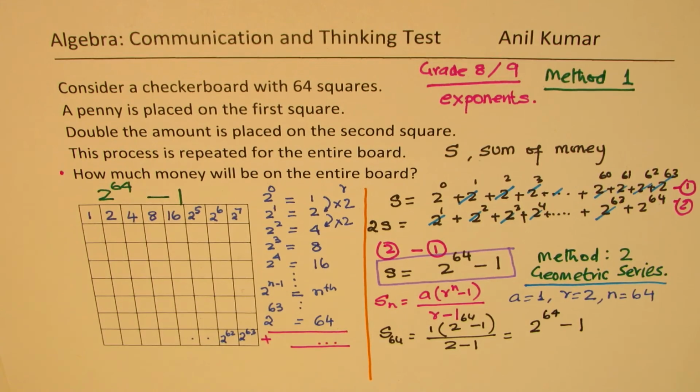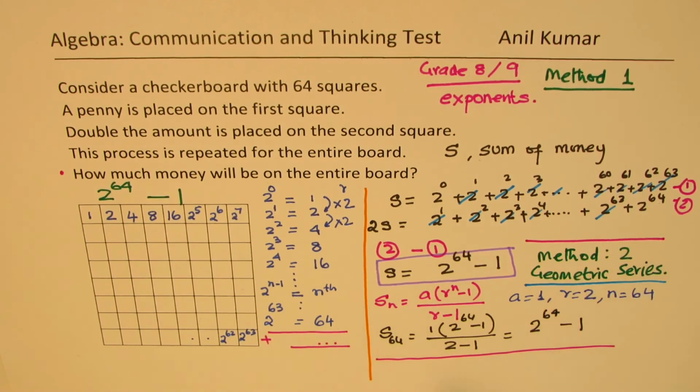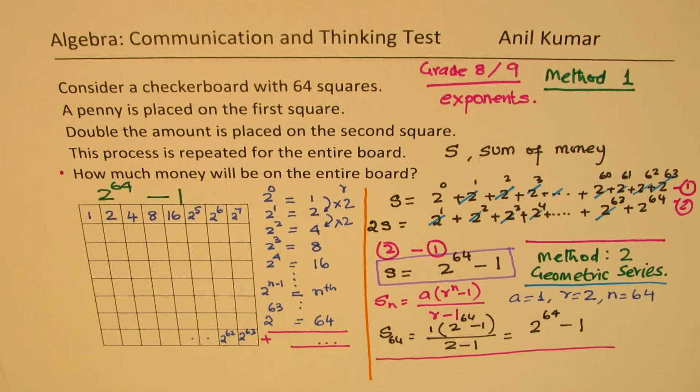So it's a straightforward solution for the students in high school who have already learned geometric series, right? So for them it's a very simple problem. So I hope you understand all these steps here and see how we could apply our learnings and solve such questions, especially at a very young age when we just begin the high school.